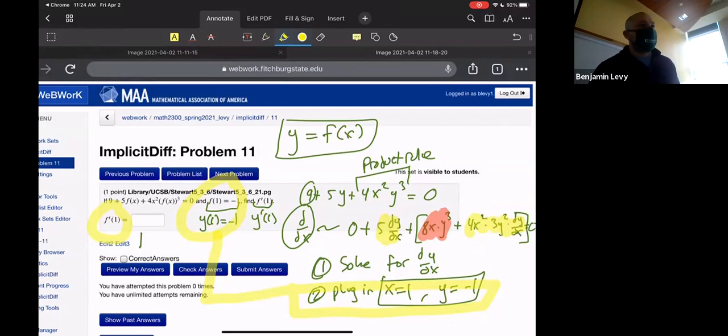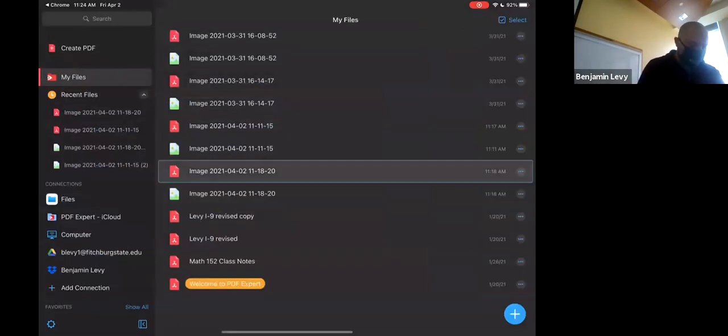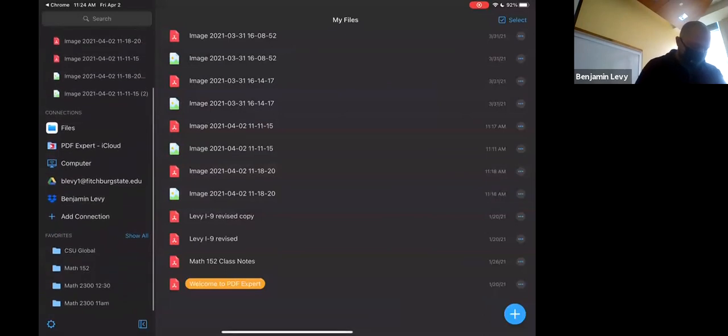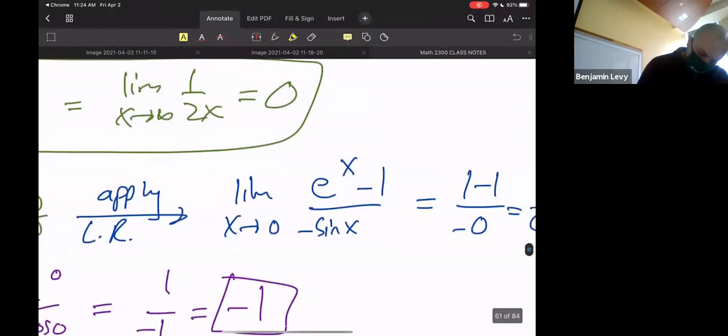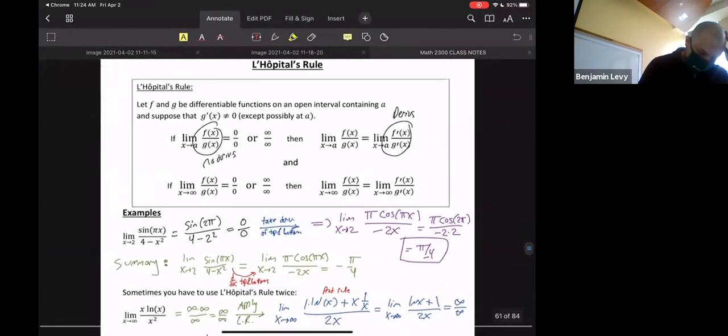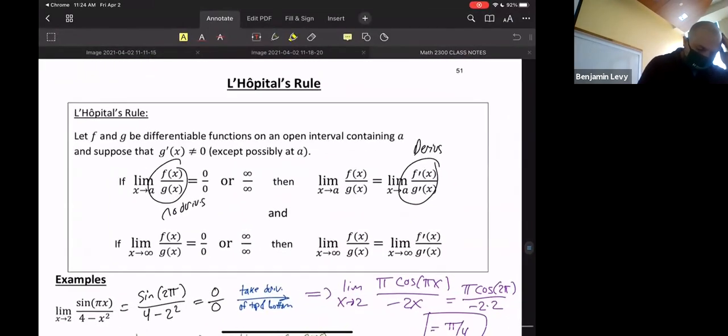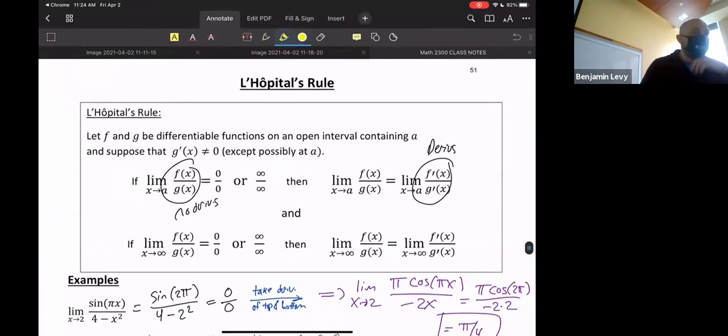I'd like to keep going and finish off this L'Hopital rule section, with just one more page in it. So remember this idea, and this is in the homework that's due next week.